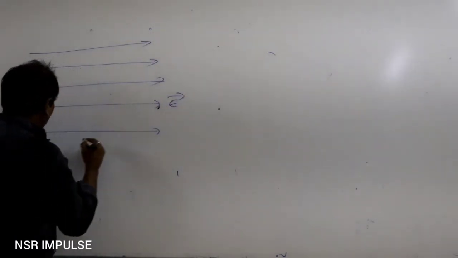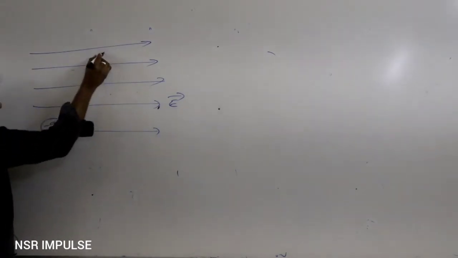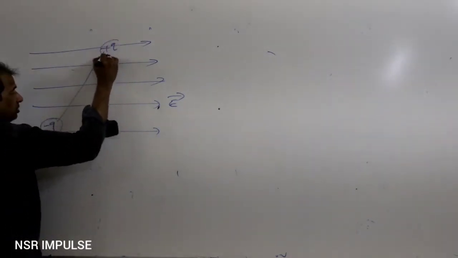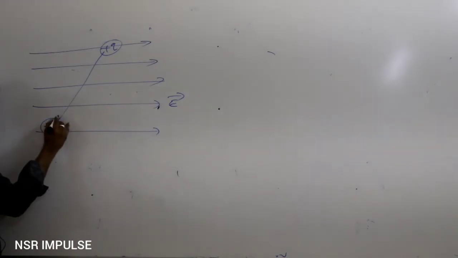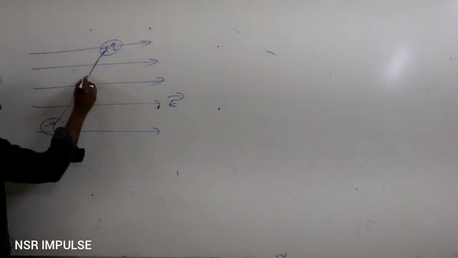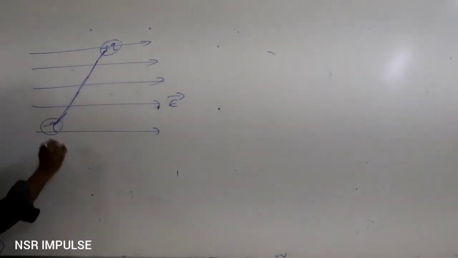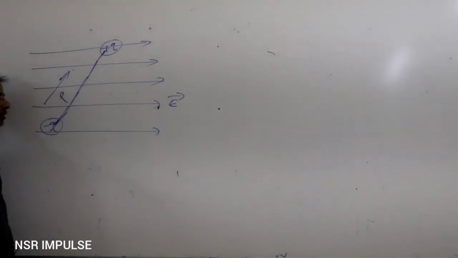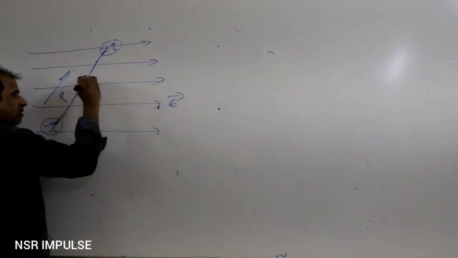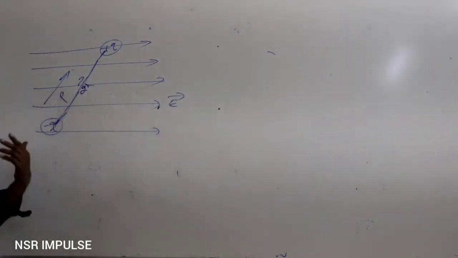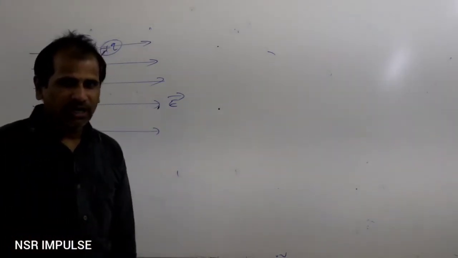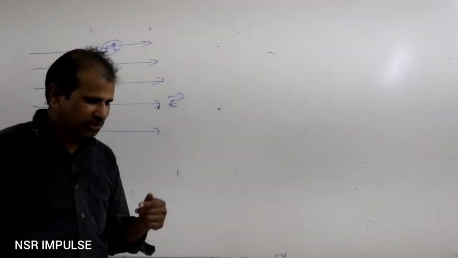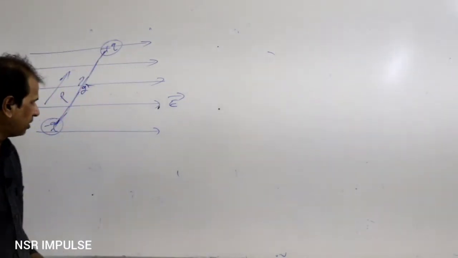This is the negative charge and this is the positive charge. This can be taken as the dipole moment P, or you can consider it as the length of the dipole, which you can indicate in vector form. The length of the dipole is nothing but the distance between the negative charge and the positive charge.